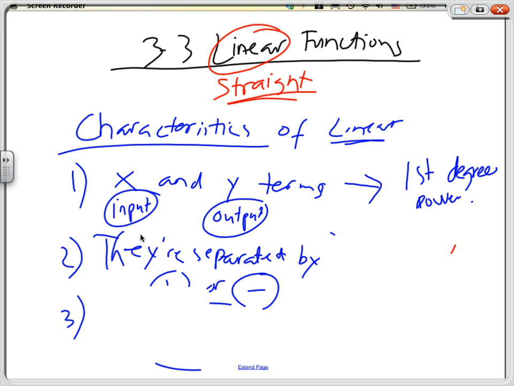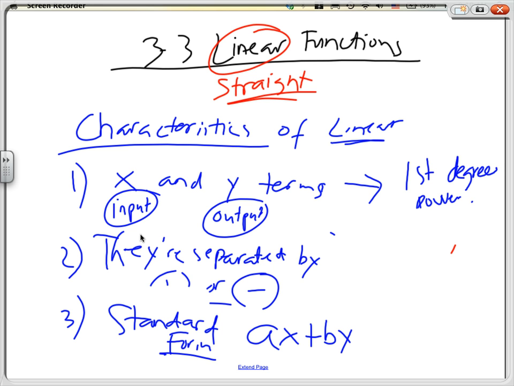The standard form of a linear function will look like this, where a, b, c are just regular numbers, regular integers, I should say. As long as you can take any equation and turn it into this, you know for sure it's a linear function.